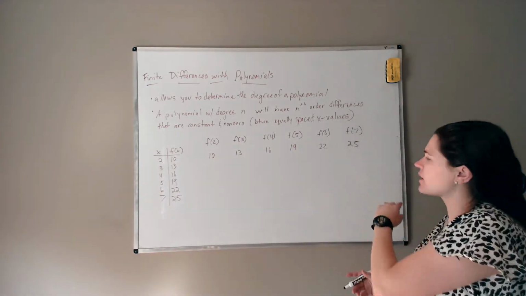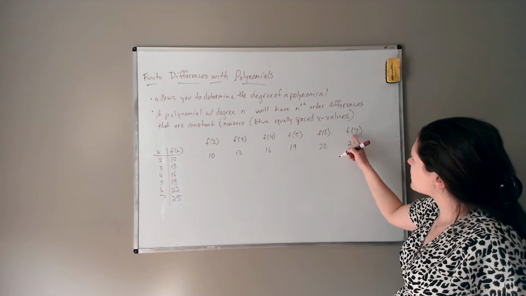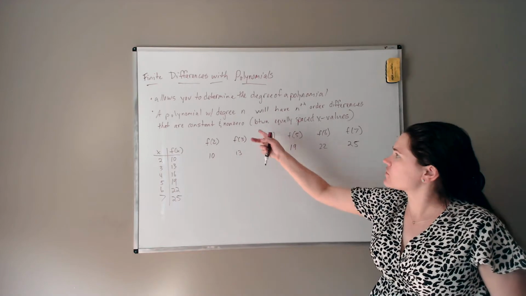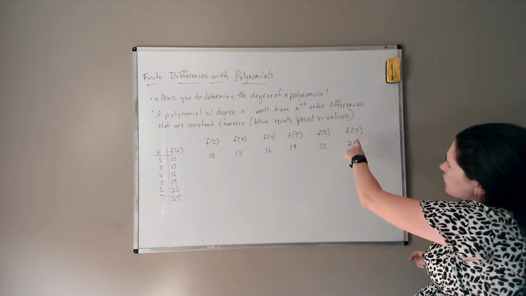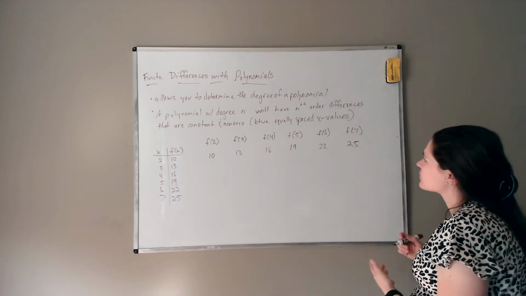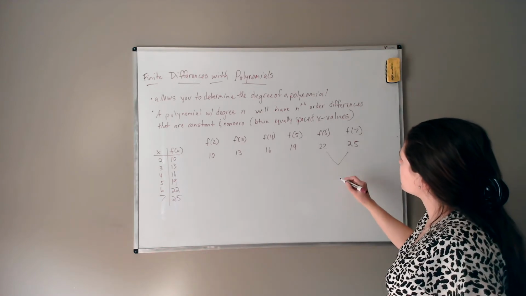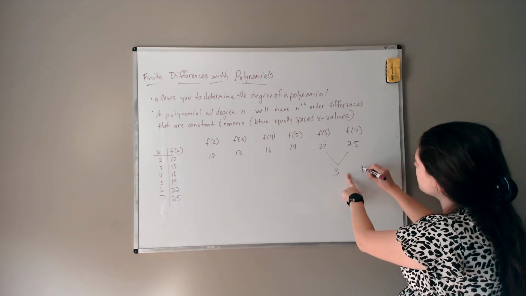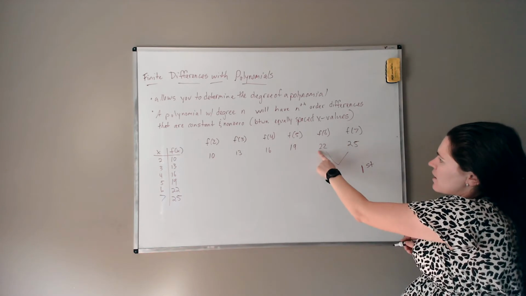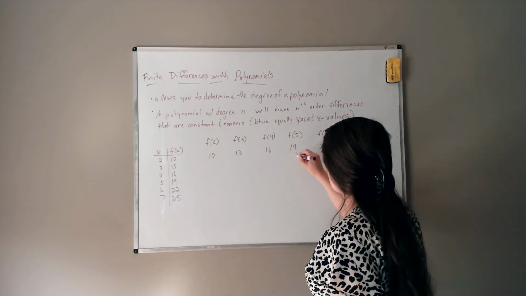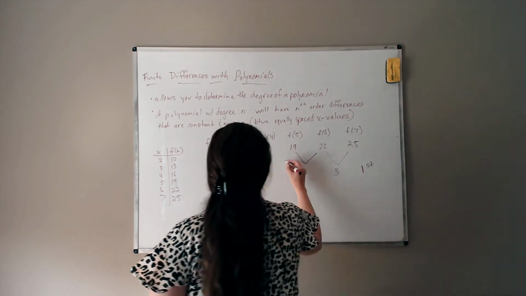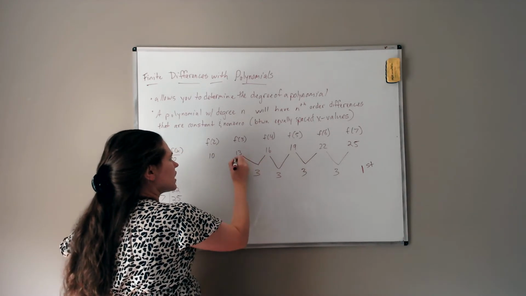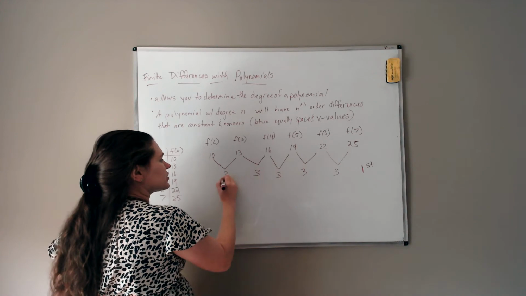I always start on the right-hand side, and you have to be calculating them between equally spaced x values. Otherwise, this constant non-zero doesn't matter. Notice, they're all 1 unit from each other, so I can do this. 25 minus 22 is 3. 22 minus 19 is 3. 19 minus 16 is 3. 16 minus 13 is 3. 13 minus 10 is 3.